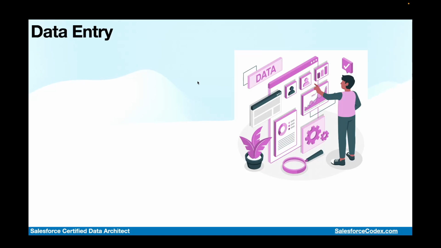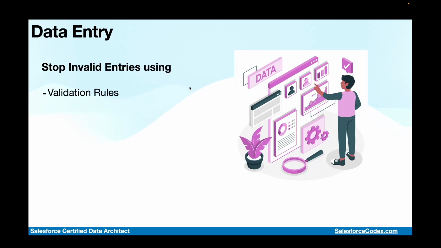Let's see how to handle invalid entries in the data entry phase. Salesforce provides many standard tools and features to filter invalid data. We can use a validation rule to enforce conditions, like the email must be filled if the phone is blank. We can create a picklist instead of free text fields to standardize values.